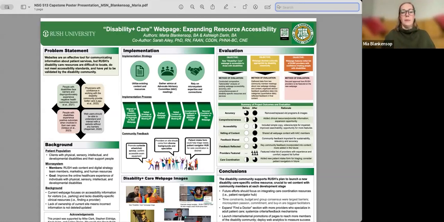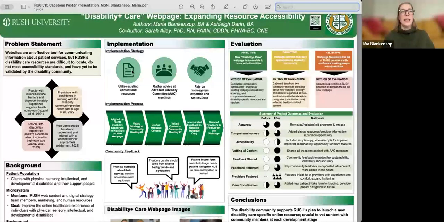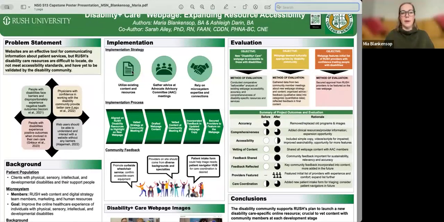This was an evolving project that has been worked on for quite some time with various students. Our team members included the Rush web content and digital strategy team members. I don't know if any were able to make it here today, but they were essential in helping us understand how to design a web page.